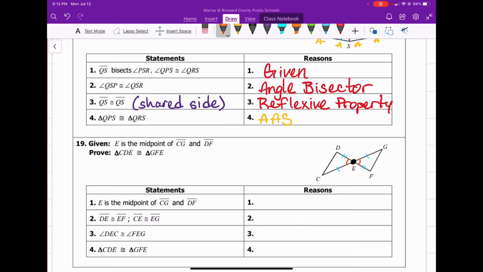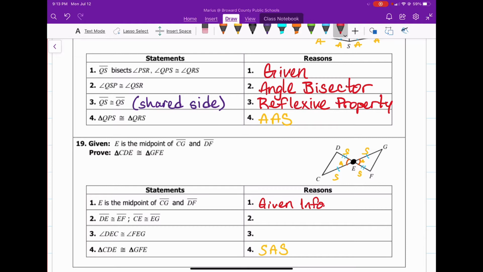Now that we have that, we can go ahead and label this. This is going to be side, angle, side. So for number 4, if you want, you can just fill that part in, side, angle, side. Number 1 is going to be given. Again, that information was given to us.